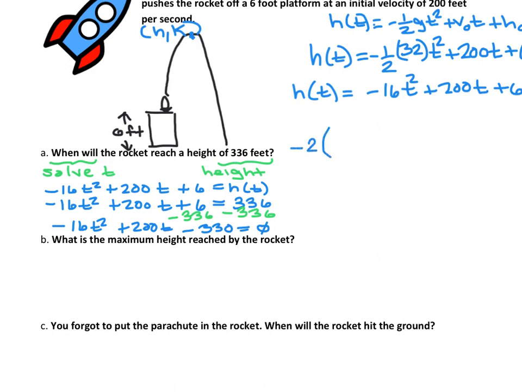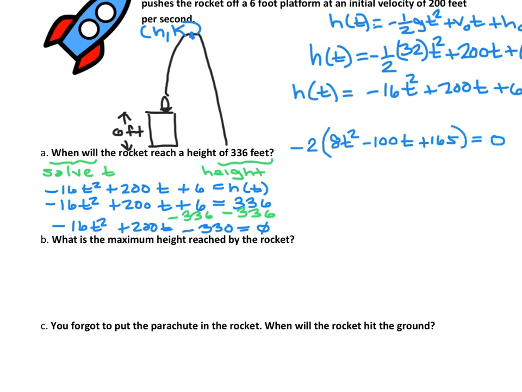If I factor a -2 out of that first term, I'm going to end up with +8t squared. If I factor out a -2 from a +200, I'll end up with a -100t. And if I factor out a -2 from a -330, I'm going to end up with a +165, equals 0 on the other side.